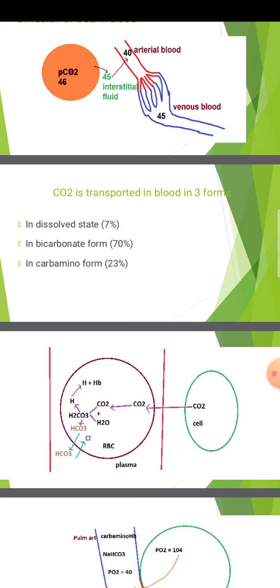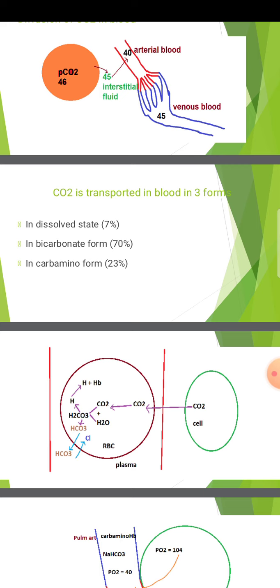So 2.7 minus 2.4 gives 0.3 ml. So this 0.3 ml is transported by each 100 ml of blood flow. So only 7% of all CO2 is transported in this form.